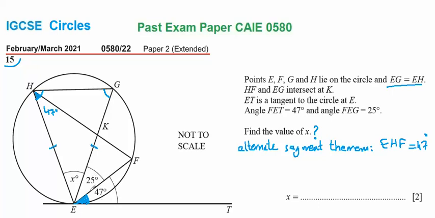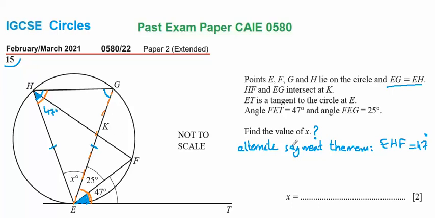The chord EG is subtending an angle inside the circle, this orange angle. So this is equal to this angle due to this chord.